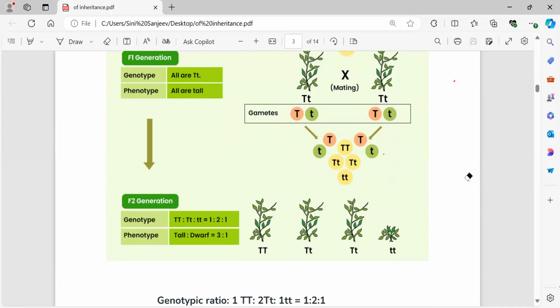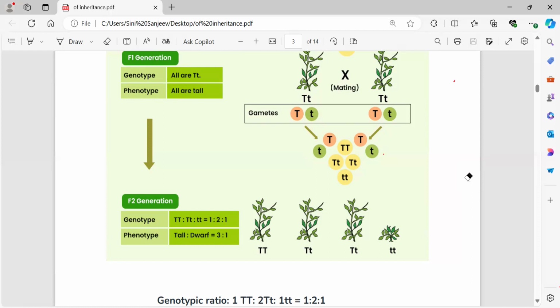I already told you the ratios: genotypically it's 1:2:1. How can you make out that it is 1:2:1? If you see in the last row, there is just one capital TT and one small tt, whereas in between there are two hybrids, that is one capital T and one small t.